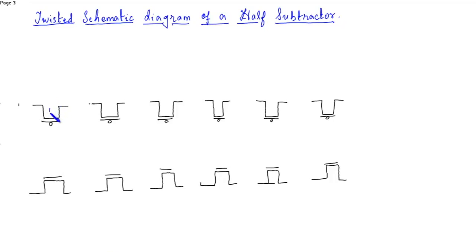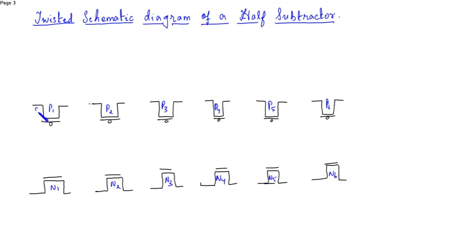This is P1, N1, P2, N2, P3, N3. Okay. Can just erase this line. This is P4, N4, P5, N5, P6, N6.